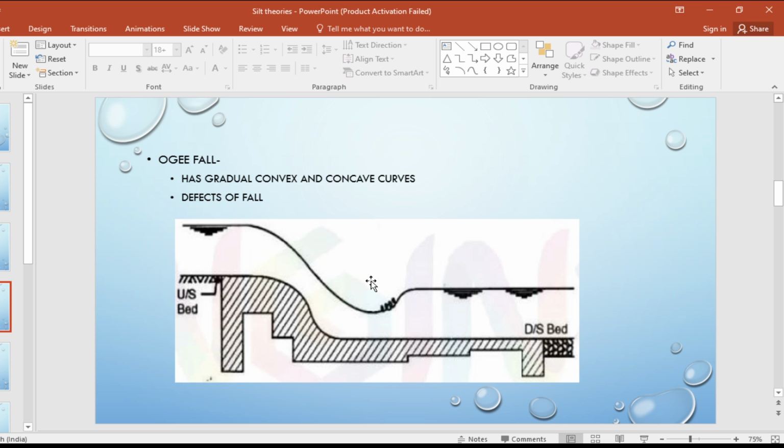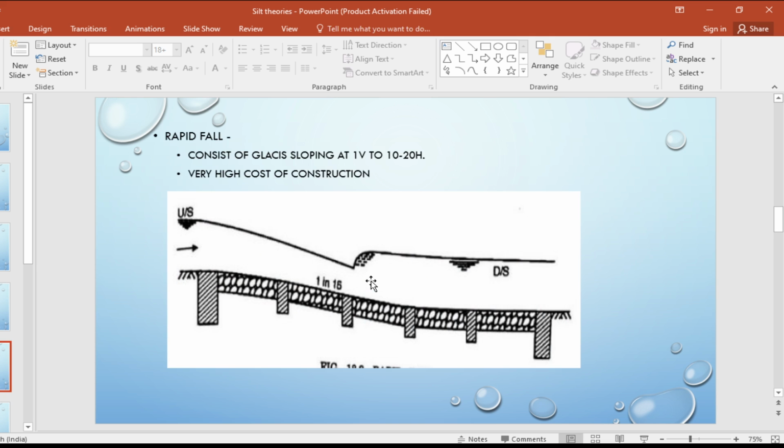Okay, so here scouring is also happening and the hydraulic jump also occurs. Okay, these are the two defects of your ogee fall, and the structure of ogee fall is gradual convex and concave curves type. Okay, now second is your rapid fall. Here the diagram shows the rapid fall.